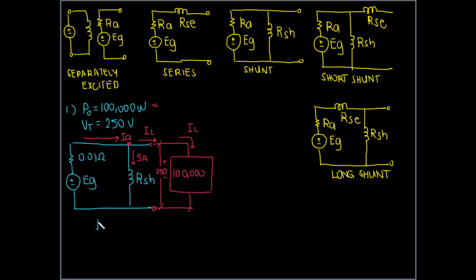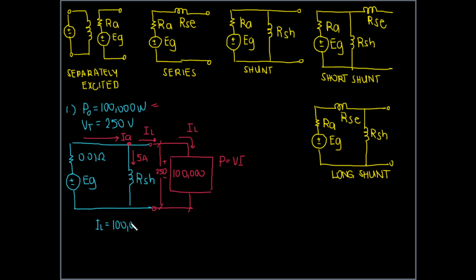So what is IL? Again, that's your rated current based on the nameplate rating, which is the power of the load. Power is voltage times current. So from there, your rated current can be solved by dividing the power by the voltage.